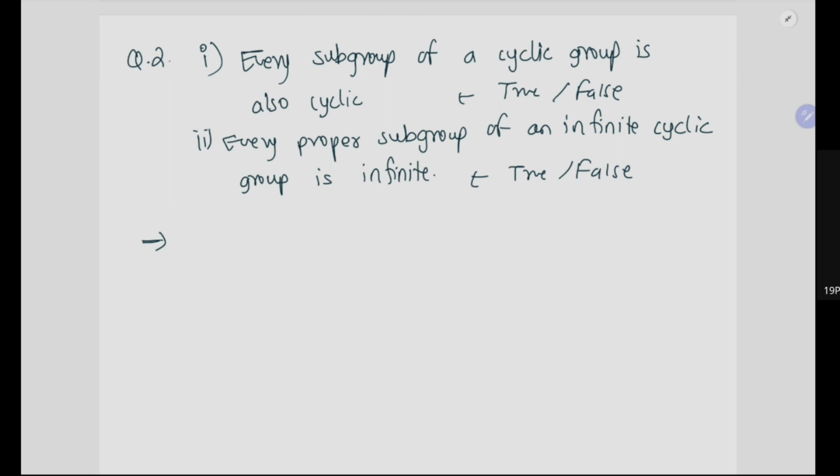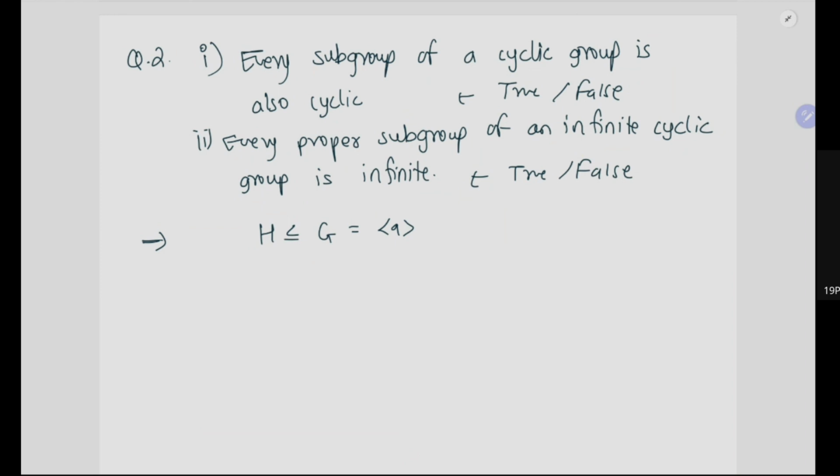Suppose G is a group, and we take an arbitrary subgroup H. Let's say G is generated by A. Then there exists an n such that some A power n is in H.